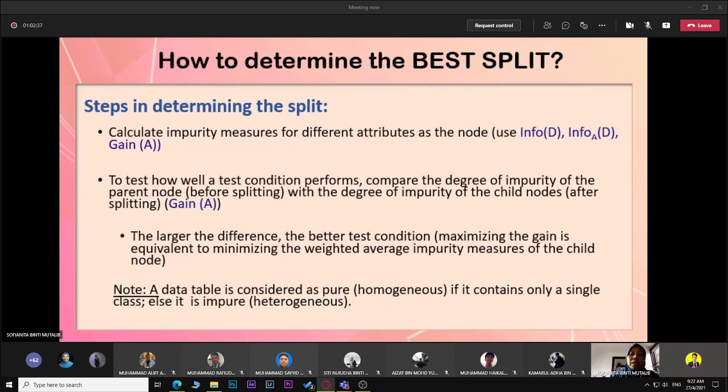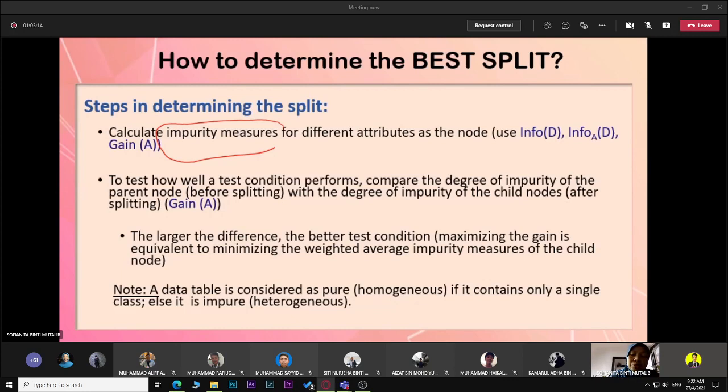This is also known as an impurity measure, to know whether the splitting attribute has partitioned the data into the same class level or not. If the attribute divides the same class level, it means it's pure to one class. If there is a mix, it means impure.